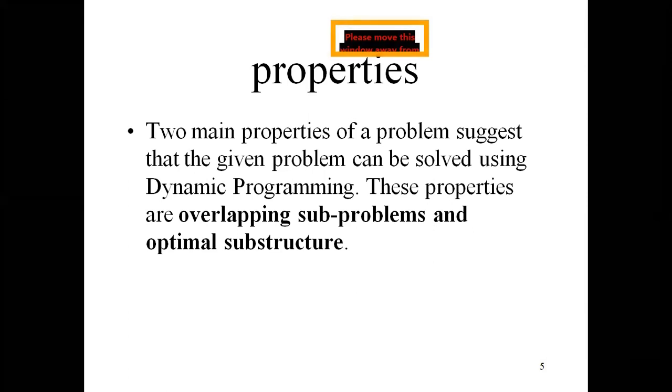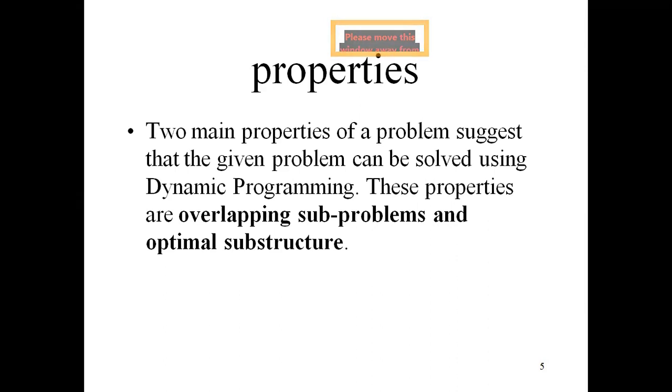That means one subproblem's answer may be useful for another subproblem's solution. We use one subproblem's answer in finding the solution to another subproblem. That is, subproblems are overlapping with one another. Another one is optimal substructure.